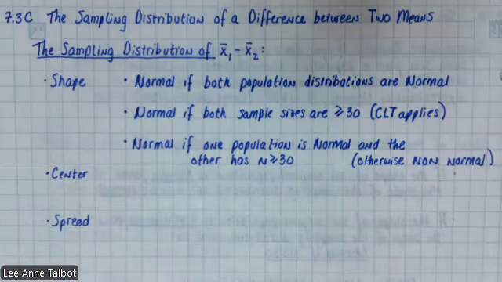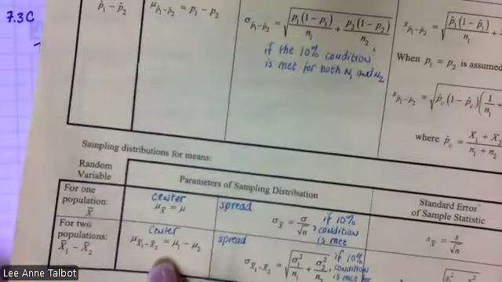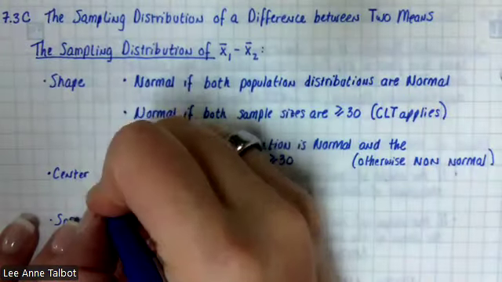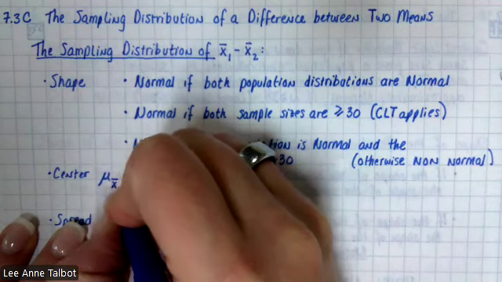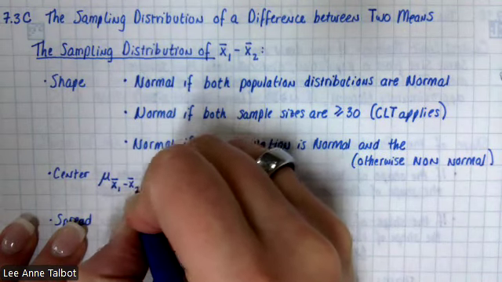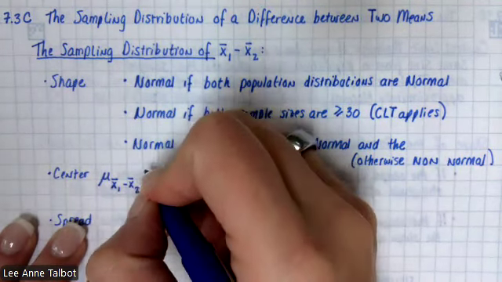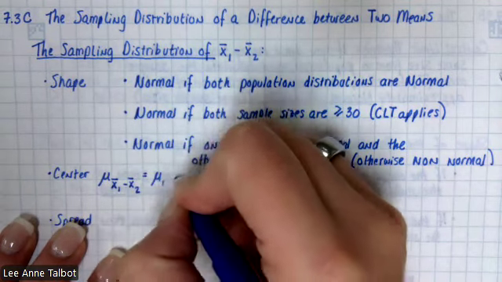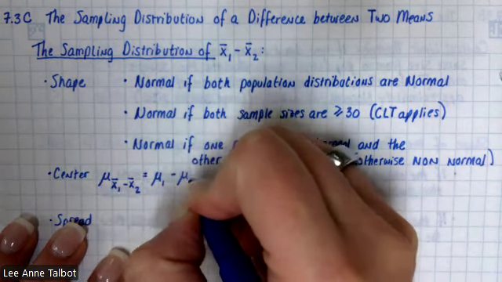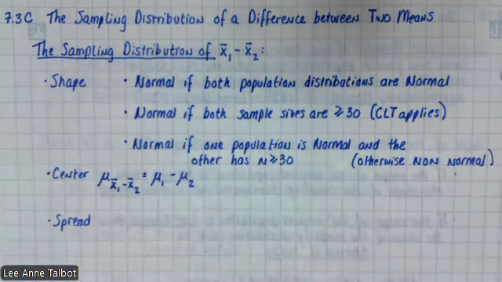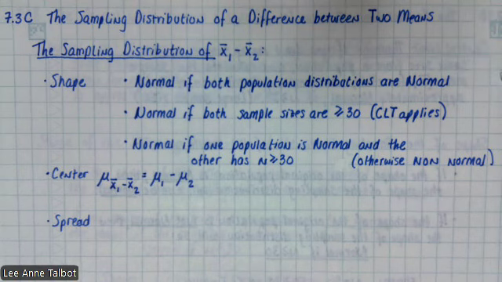Okay. Center is not really exciting. That's the formula here. So the mean of the dot plot should be the mean of the first population minus the mean of the second population. And do I need to go over again how, when we're talking about differences, the difference is calculated first, and then you plot that dot?